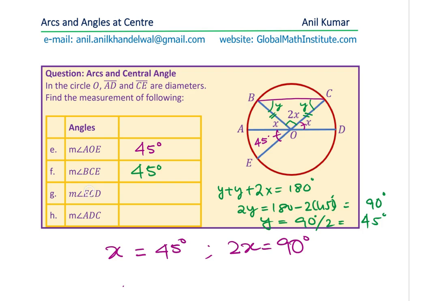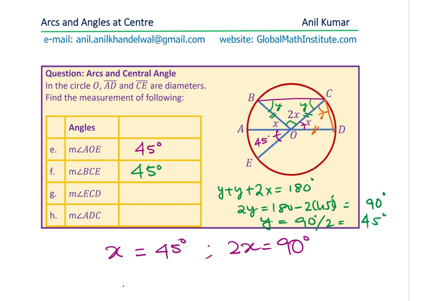Now, let's look into the measurement of angle ECD. So ECD means I'm going to join this time the vertices C and D, and we need to find this particular angle, angle ECD. Now here also we know that these two sides are equal, and since they are equal, the vertex in this case is x.